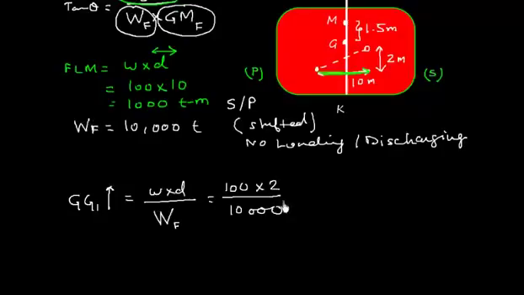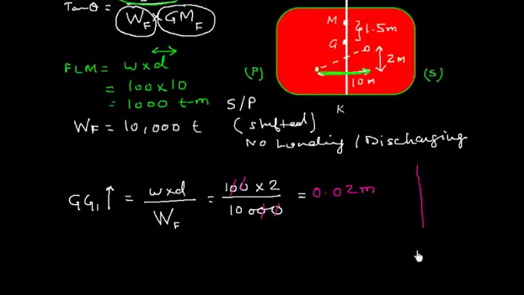WF is the same because there is no loading or discharging. So this cancels, and it gives me 0.02 meter.